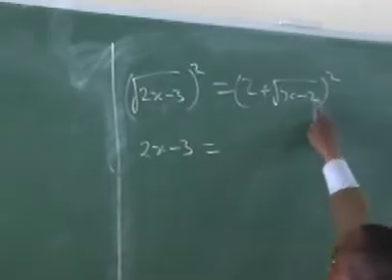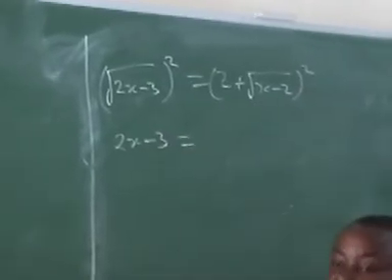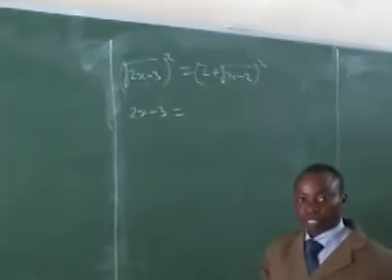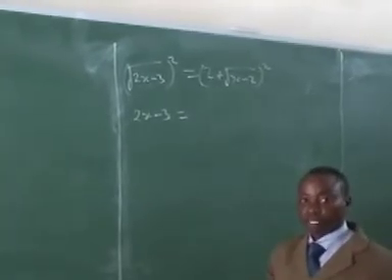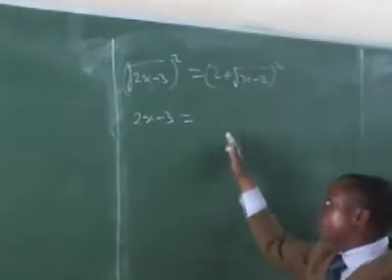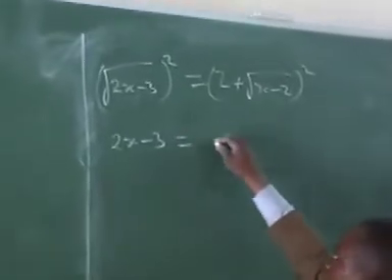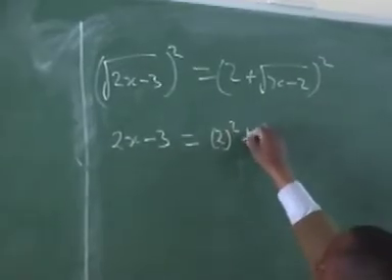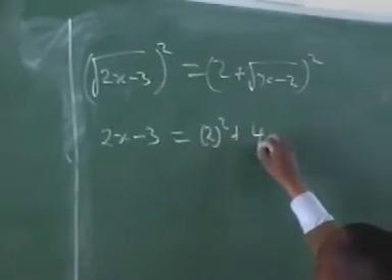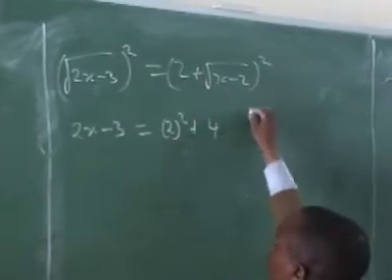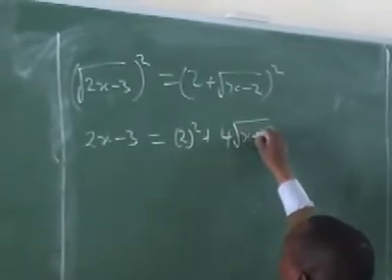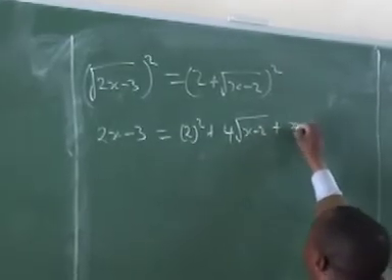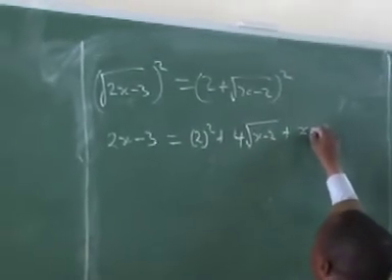By binomial expansion, you see binomial expansion is very important. You can also watch binomial expansion, it is there in your package, so that you understand this process, how we expand it. So in this place, we will have 2 squared plus 2 times 2 times square root of x minus 2, plus x minus 2.